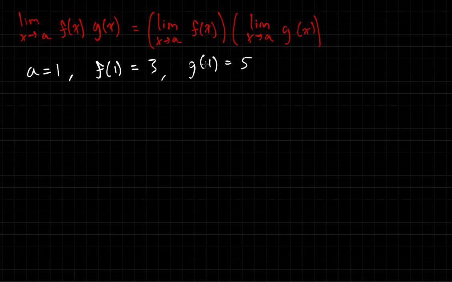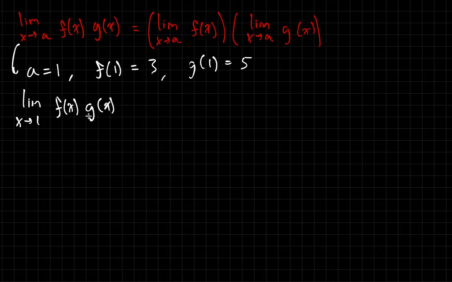So these are just functions, the f of x and g of x. I'm inputting 1, right? I'm getting outputs. And now let's try and rewrite the expression. So this would just be the limit as x approaches 1 for f of x times g of x.